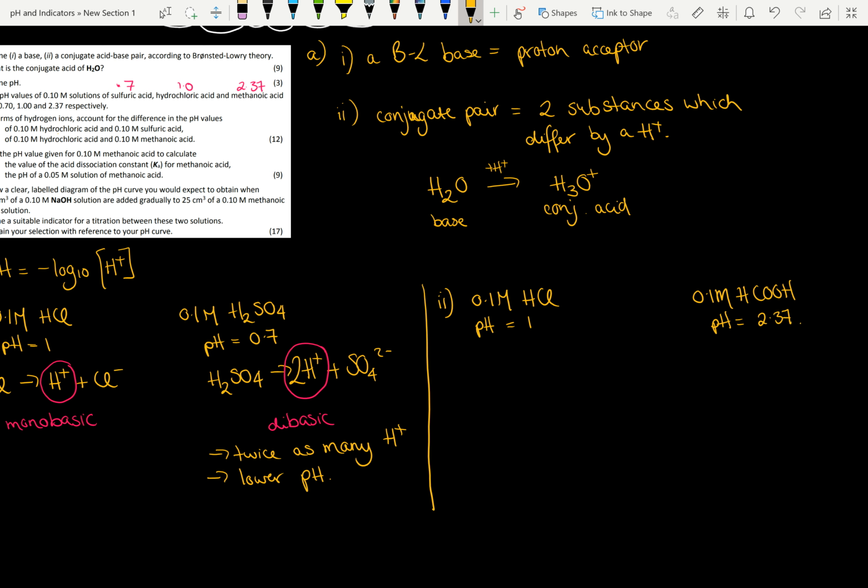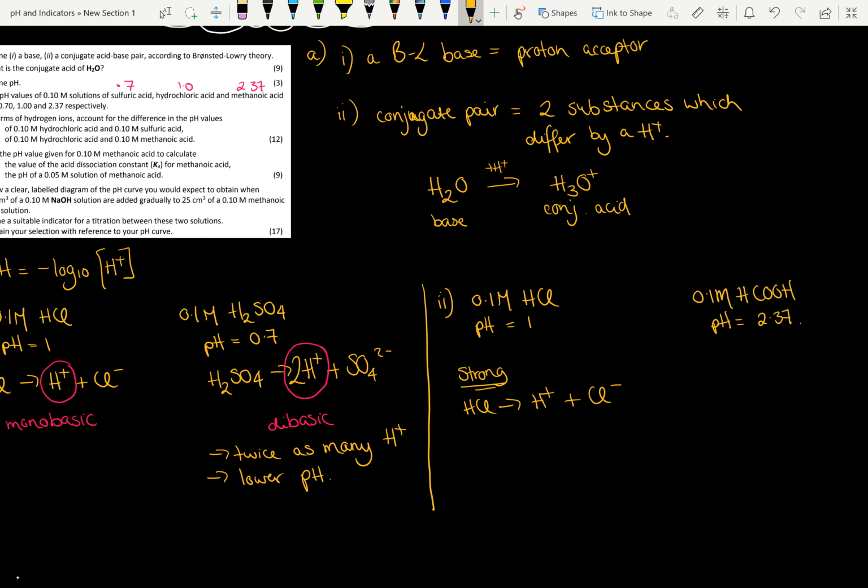Now, what is it about the methanoic acid that means that it has a higher pH than the hydrochloric acid? Well, we know that the hydrochloric acid is a strong acid, which means that it's going to fully dissociate into all of its hydrogen ions.